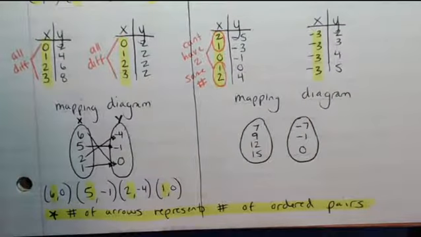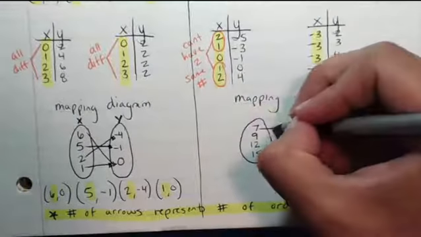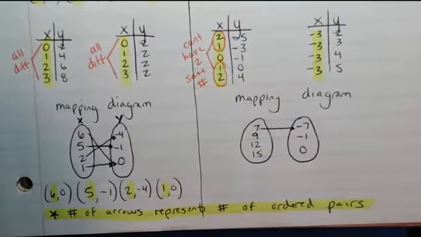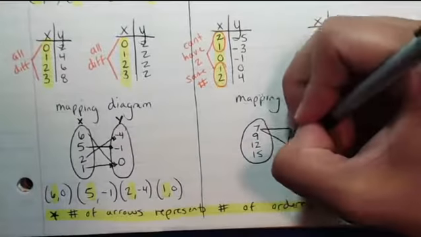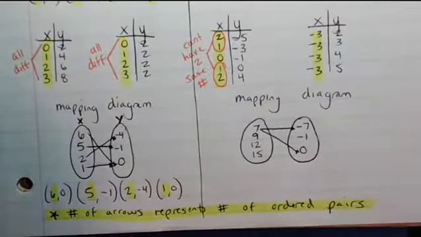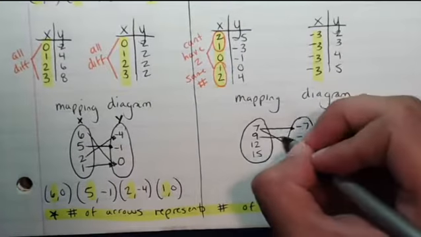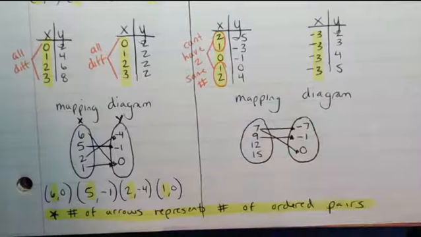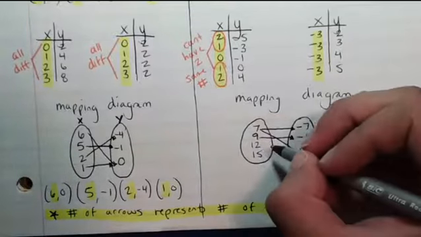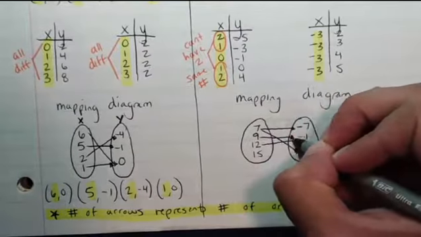And this is how I want you to draw your arrows. So from 7 to -7 is an arrow. 7 to 0 is an arrow. 9 to -1 is a point. 12 to -1 is a point.